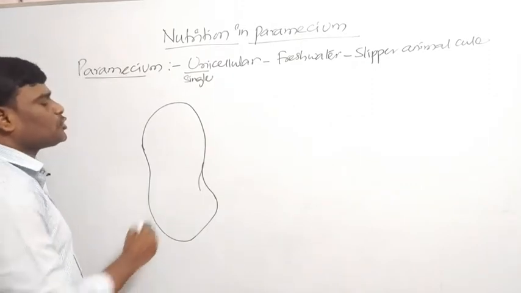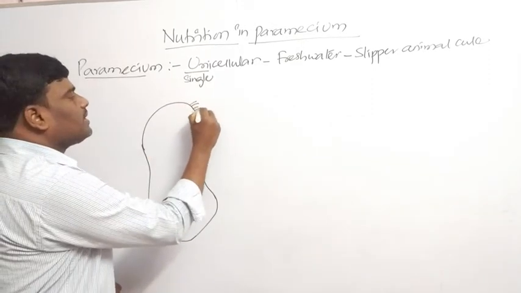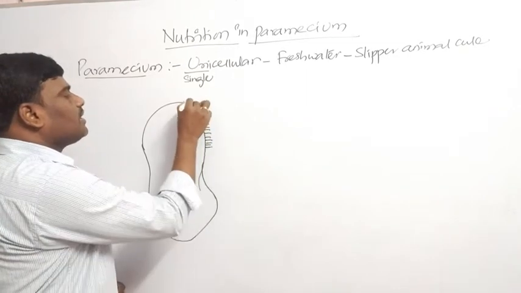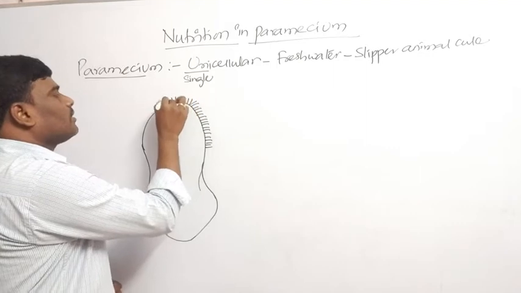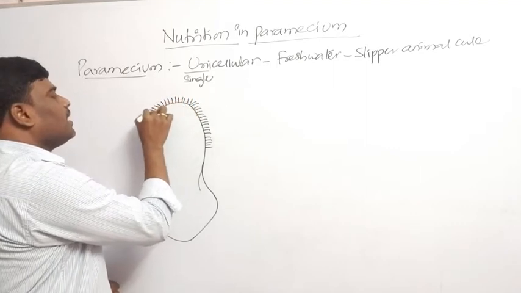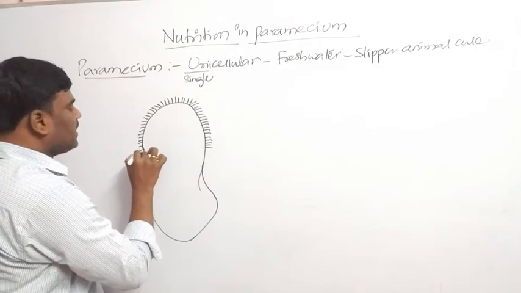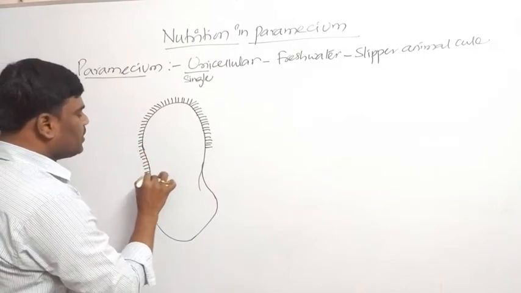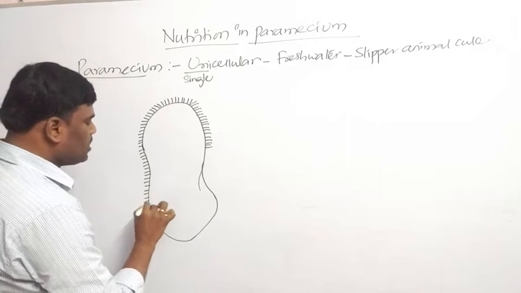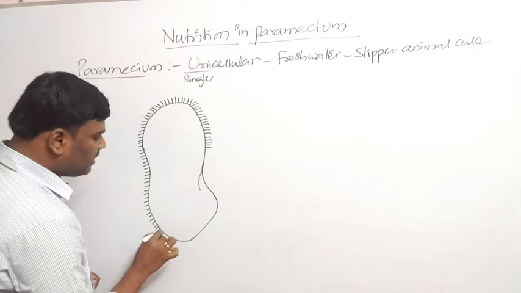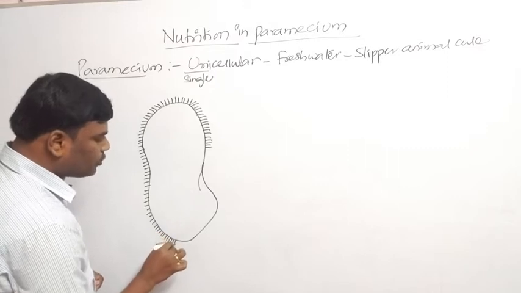This Paramecium is covered by a pellicle, and this pellicle consists of what, children? Cilia. These are the cilia, children, delicate hair-like structures present all over the body of this Paramecium.